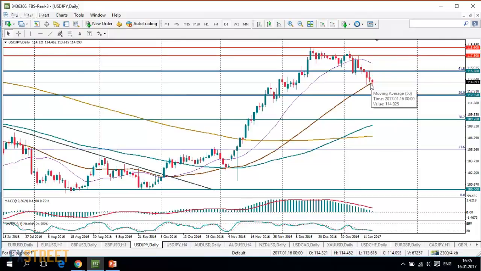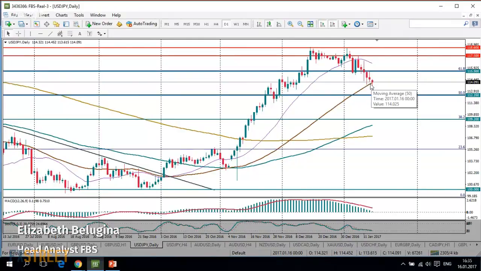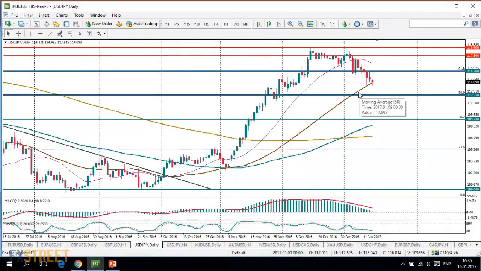We have arrived at the 50-day moving average on the daily chart, which is located at the 114 area. This is currently the main support for the price, but a lower retracement to the downside is quite possible.